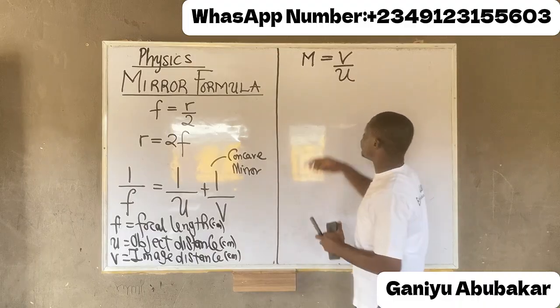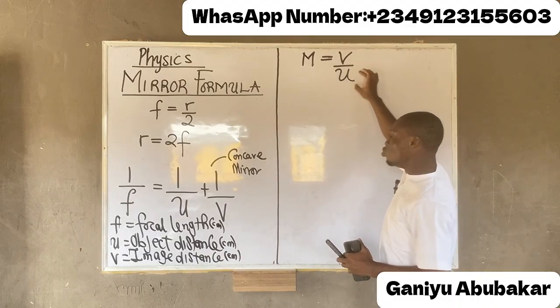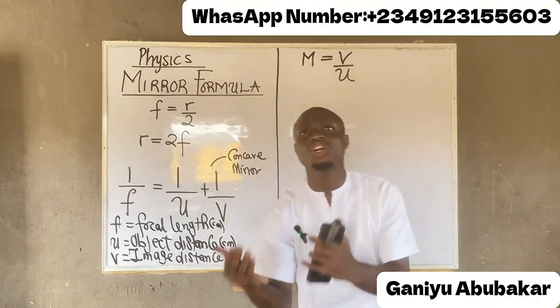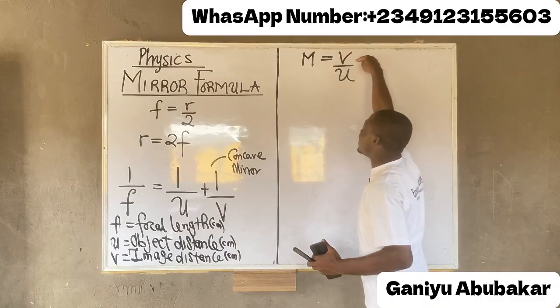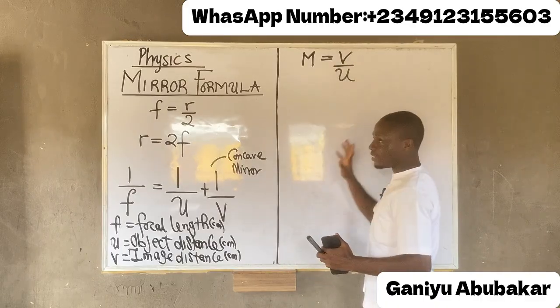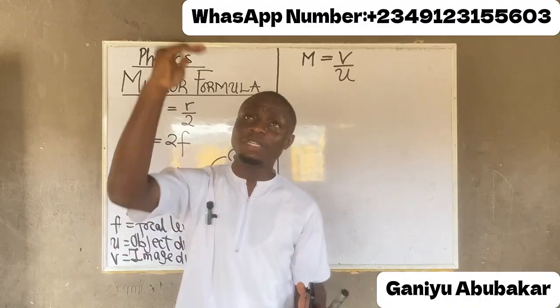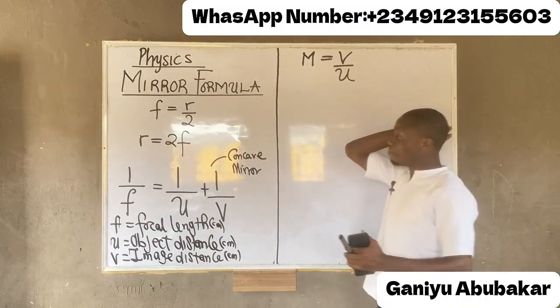That is, your V is for the image distance, your U is for the object distance. So magnification has to do with you first things first, place image before object. That's it. Anything that has to do with magnification is your ability to place image first before the object. That's the idea behind magnification.